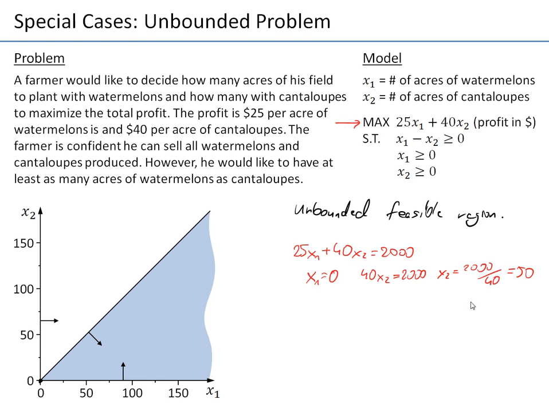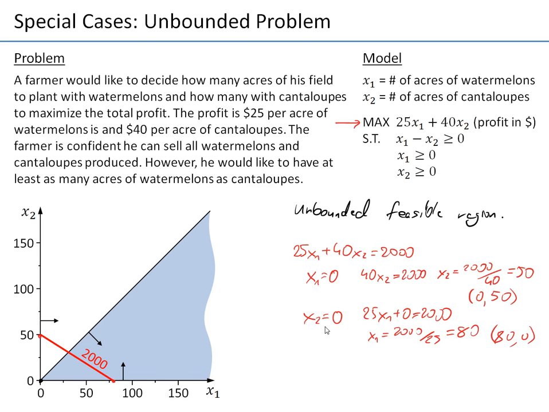So this is the point (0, 50), and it lies here. And if I try x2 equals 0, then I will have 25x1 plus 0 equals 2000, so x1 equals 2000 over 25, that is 80. So this point is (80, 0), x1 is 80, x2 is 0, and it is somewhere here. So the line will be like this.